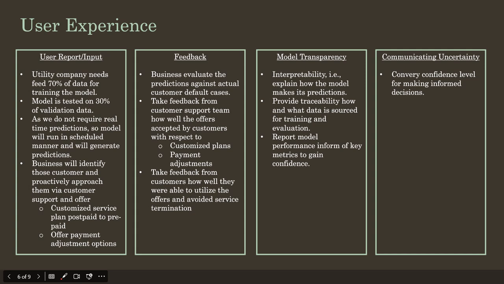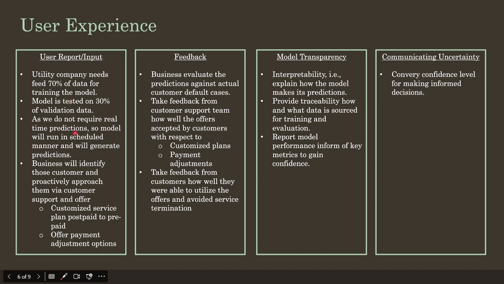So the user experience, how we will be dealing with this, is a user report or inputs, where the utility company needs to feed in 70% of the data for training the model, and do the labeling and have labels for that historical data, where we have identified the cases where the customer defaulted, and we take the 30% of the data for the validation set.